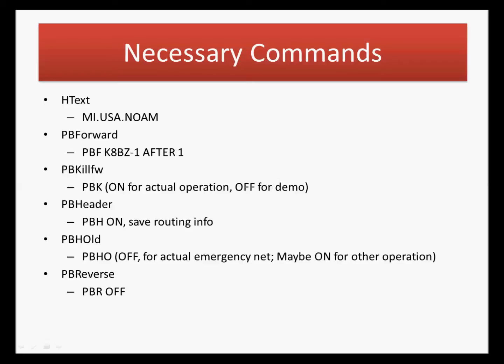This command should be used with caution because something that can happen is that if you're practicing auto forwarding and setting that up on your bulletin board, you may accidentally create a nested loop, which would mean your bulletin board would forward a message to another bulletin board, and that bulletin board would forward it back to you because the PB reverse command is on, and then yours would forward it back, and it would continue around that process, creating a duplicate message each time it does in each bulletin board.